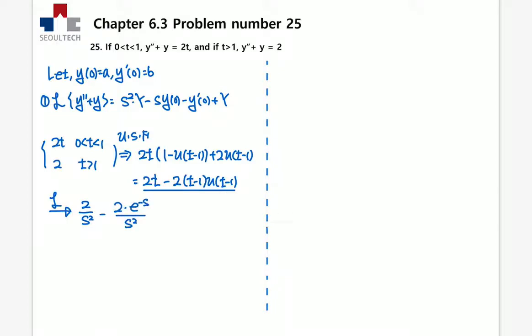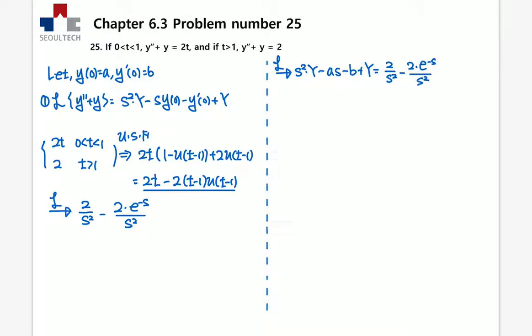So we have found the Laplace transform of the right-hand side, and you can express the equation like this: s squared times capital Y minus a times s minus b plus capital Y equals 2 over s squared minus 2 times e to the minus s over s squared.